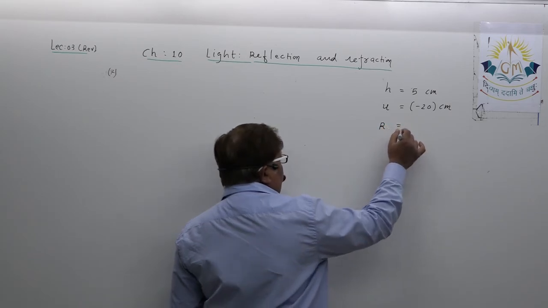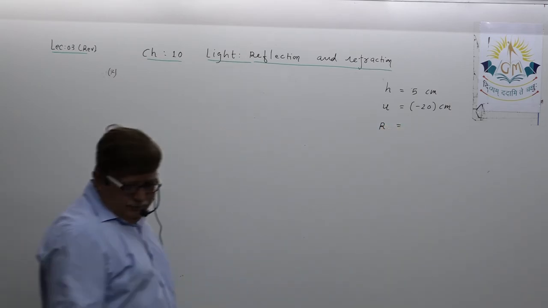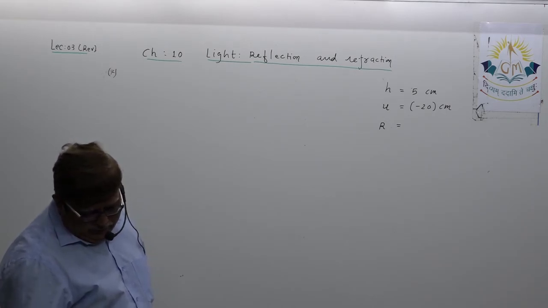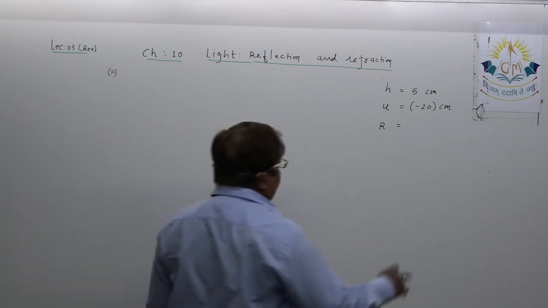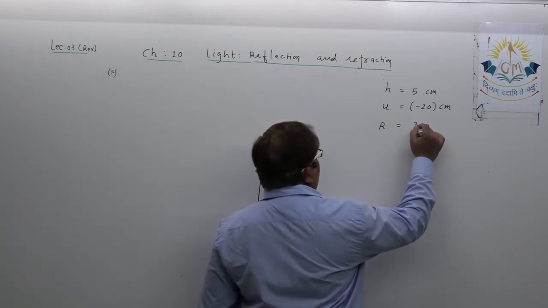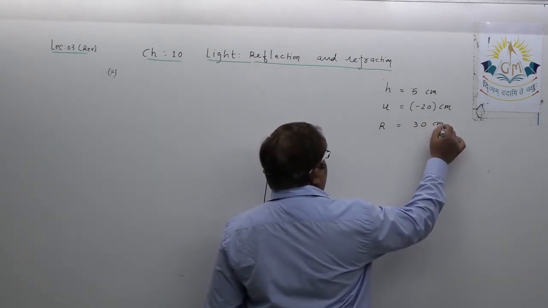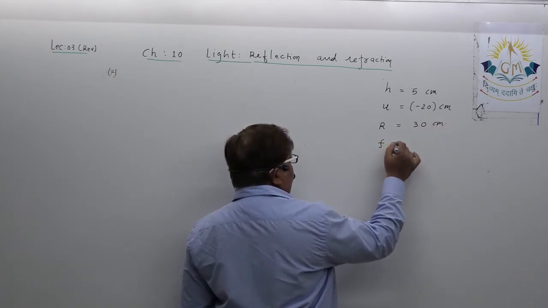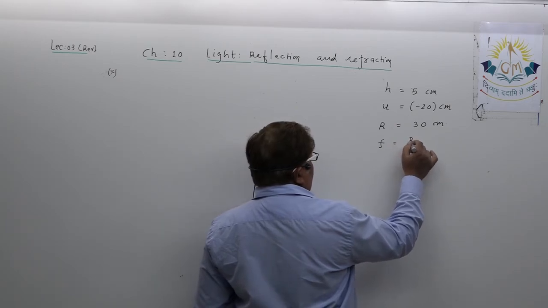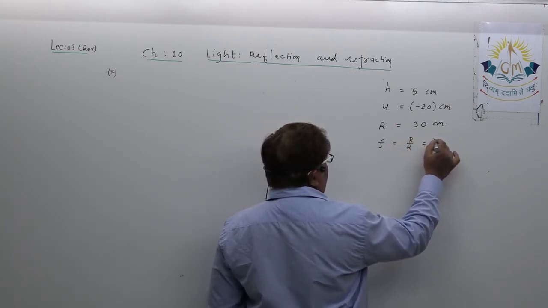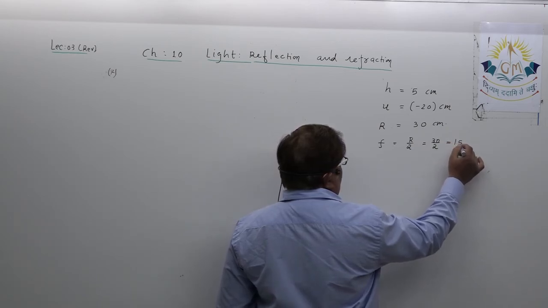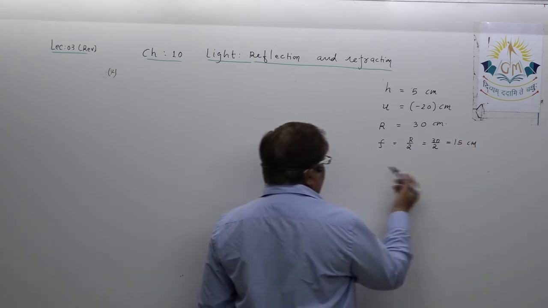Radius of curvature is given already, 30 centimeter. Dear student, you can directly mention 30 upon 2, that is 15 centimeter.